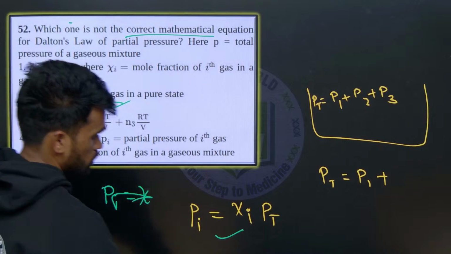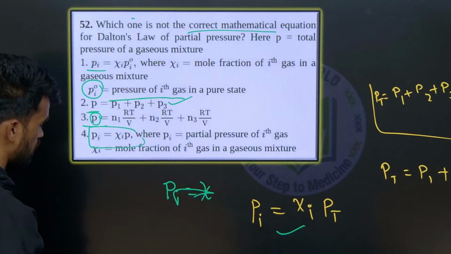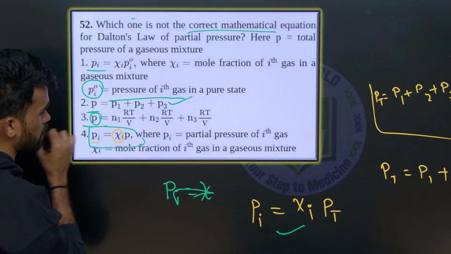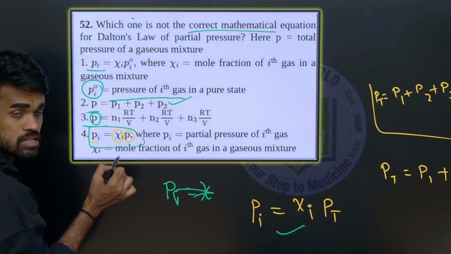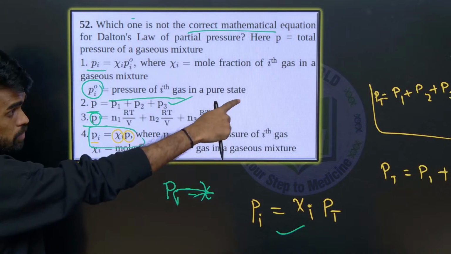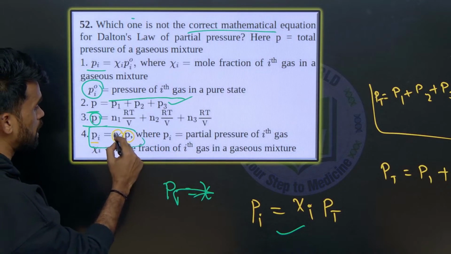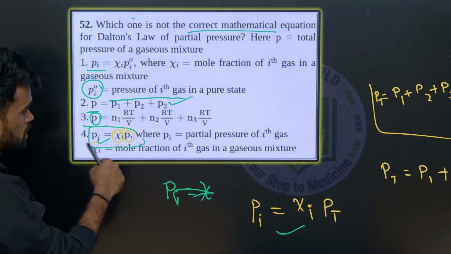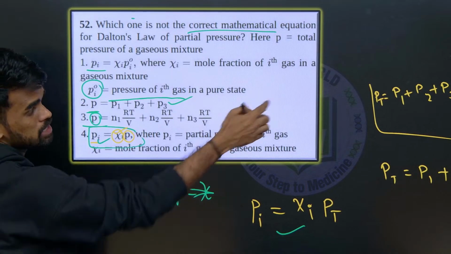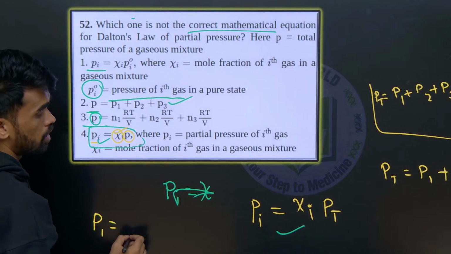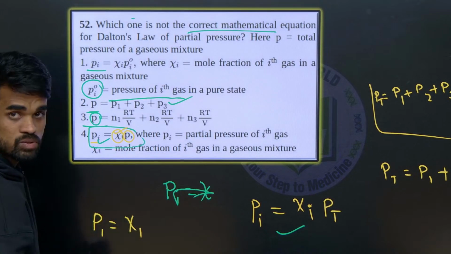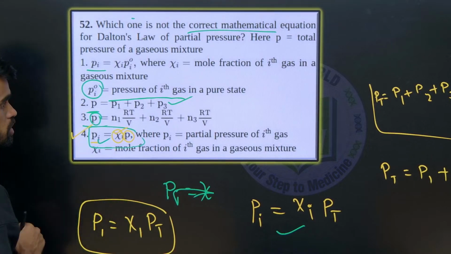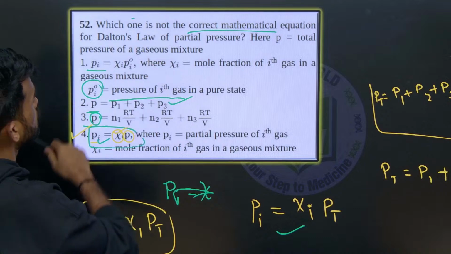They are saying the partial pressure of the ith gas equals the total pressure exerted by all gases multiplied by the mole fraction of that ith gas. For example, the partial pressure of gas 1 equals the mole fraction of gas 1 into P total. This is how we need to write it. So the fourth option is also correct.